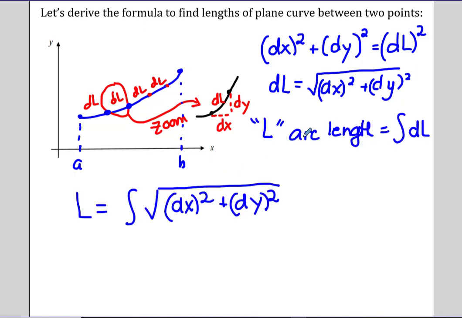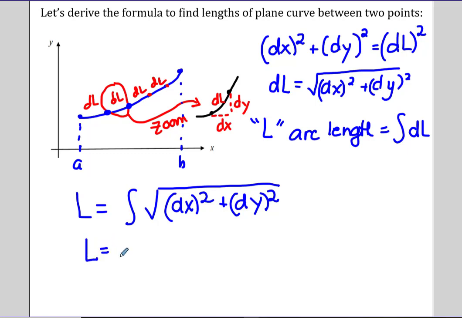So we have L is the arc length, and the arc length is the integral of the hypotenuse dL. So capital L is the integral of the square root of dx quantity squared plus dy quantity squared.